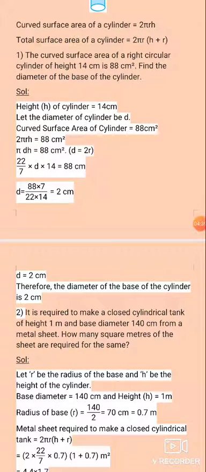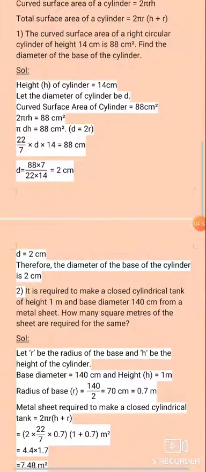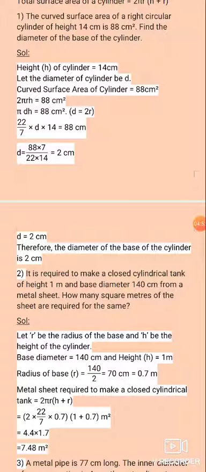Now the next, metal sheet required to make a closed cylindrical tank, which is the total surface area. The equation is what? 2 pi r into (h plus r). Now substitute all the values. 2 into pi value 22 by 7 into radius 0.7 into (h plus r) 1 plus 0.7. Now 2 into 22 is what? 44.